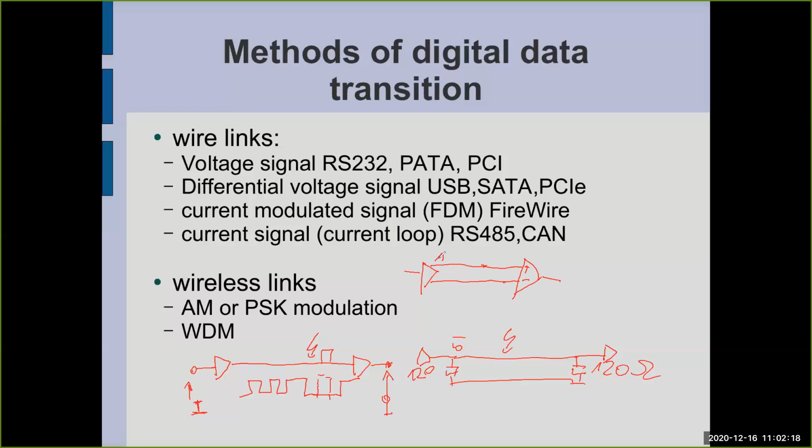Here I have line A and B, and when I send a signal on line A, it looks like this, but on line B it is opposite.